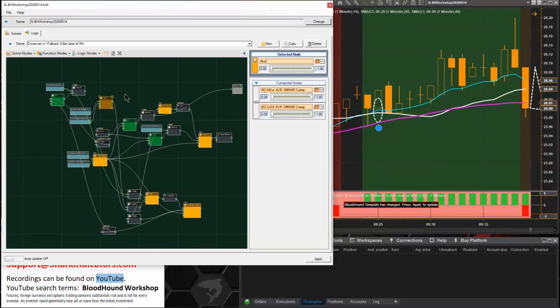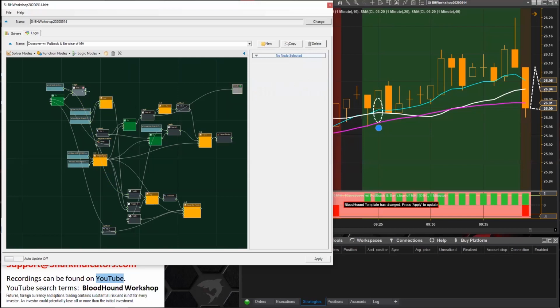I think we have a circular reference somewhere. Oh, we do. Interesting. You notice how I can't connect this to the AND node there? It's not letting me because we have a circular reference.